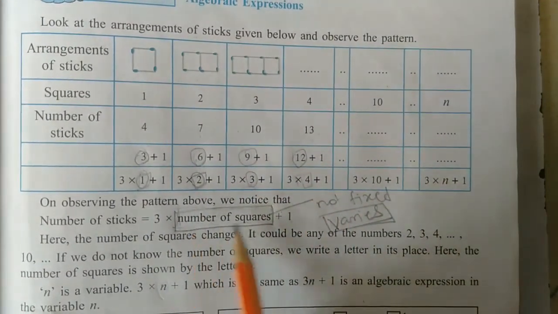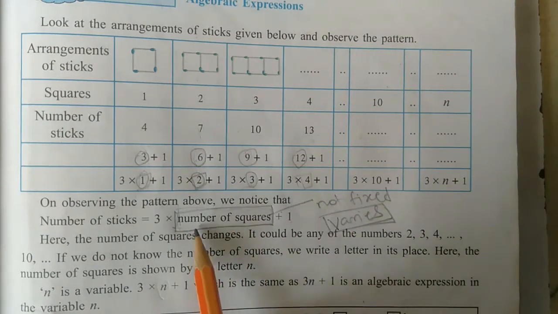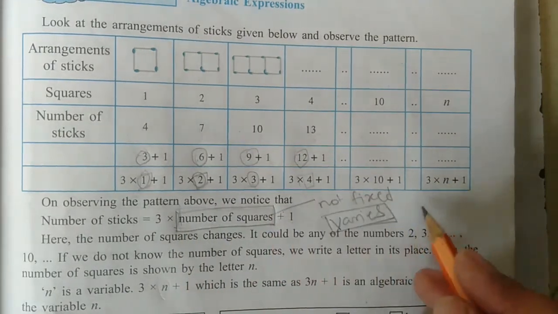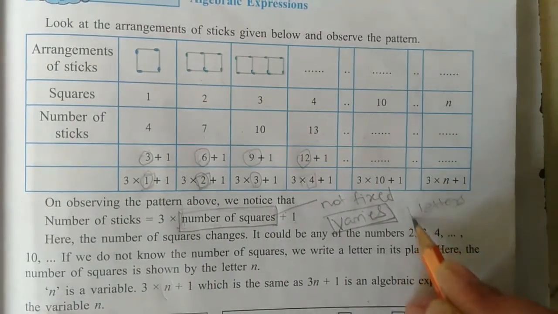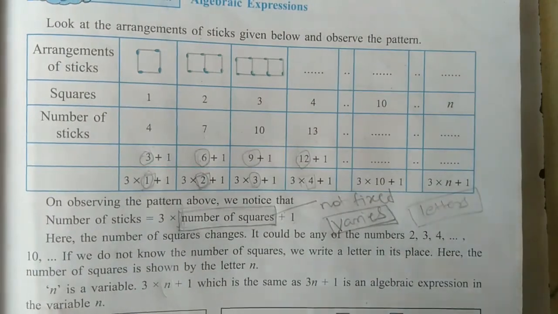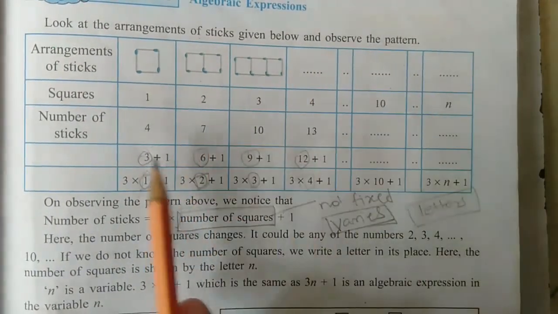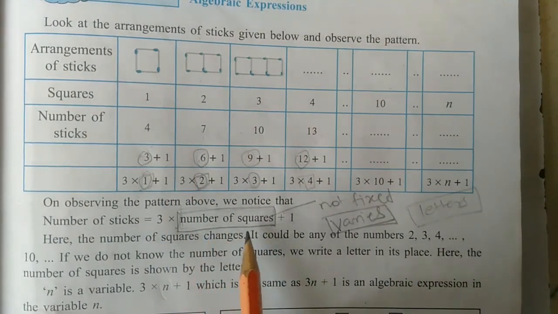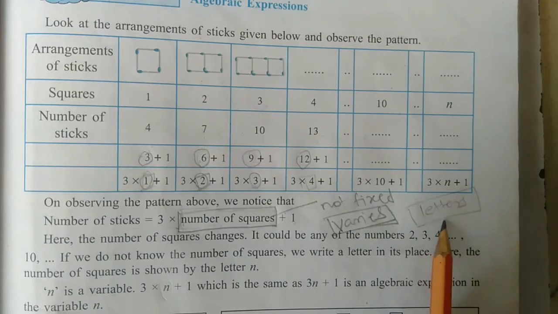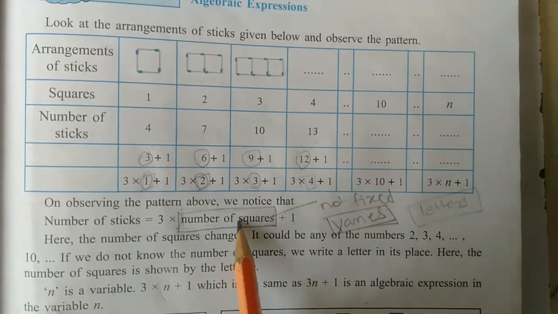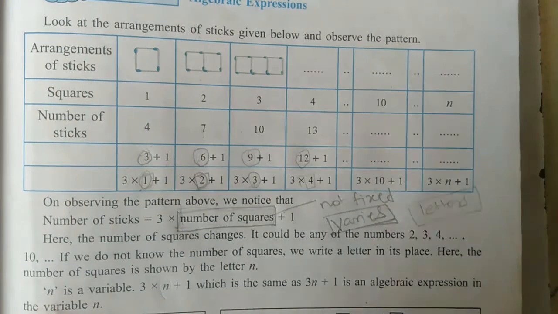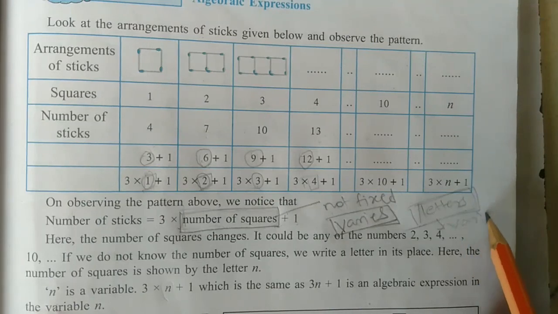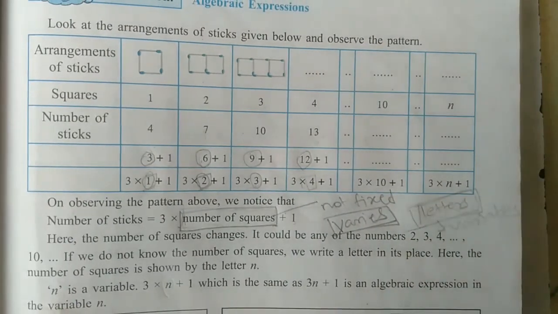So if the value is not fixed, then instead of such numbers, we use letters. Understood? In such questions, when particular values change, we use letters instead of those numbers. And those letters are called variables. They are called variables.